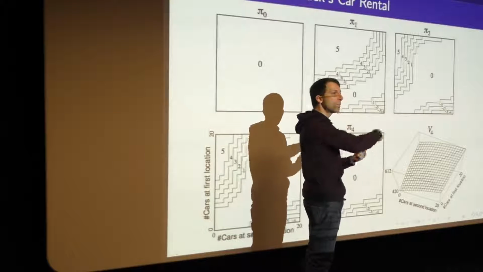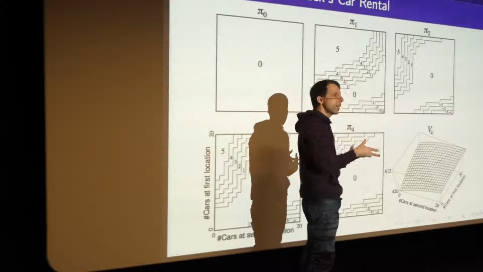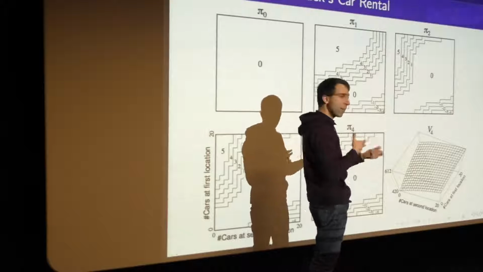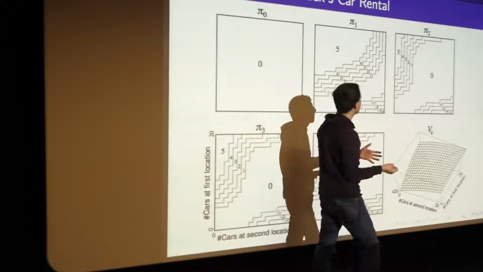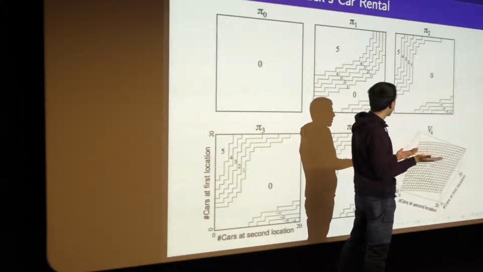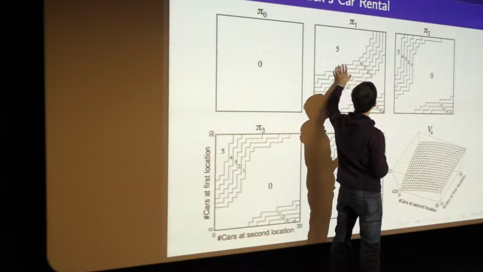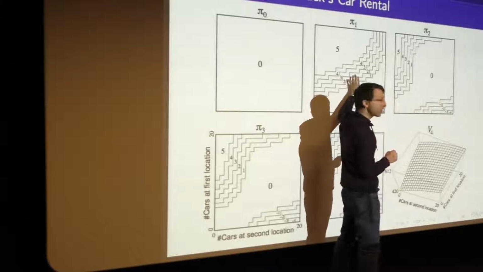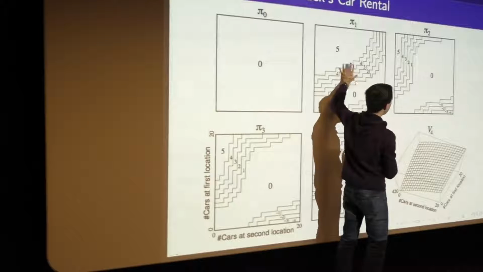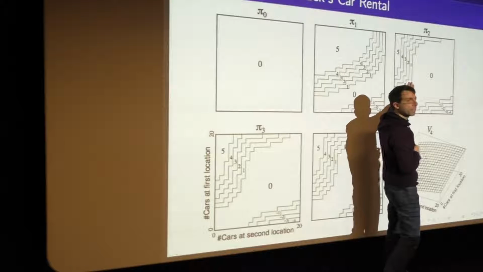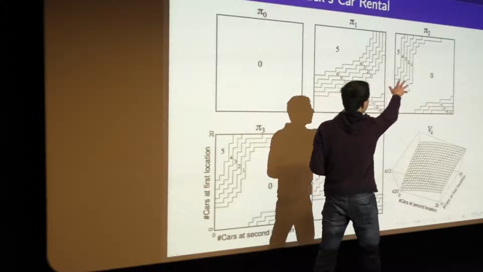So again, we do a one-step look ahead. Given that we think customers are coming in at a particular rate, we figure out which action is going to be the best. We evaluate how much money we think we're going to make by using this value function and doing a one-step look ahead on our current estimate, and that gives us a new policy. Then we evaluate this policy.